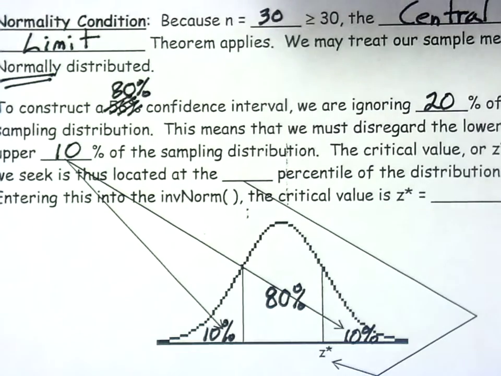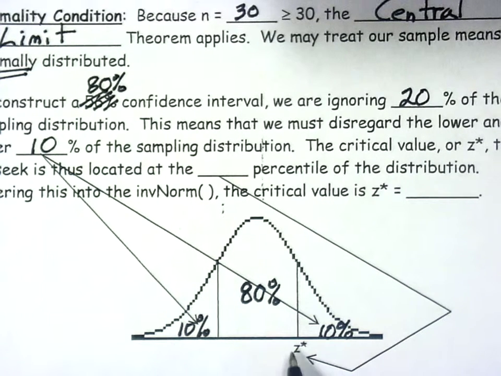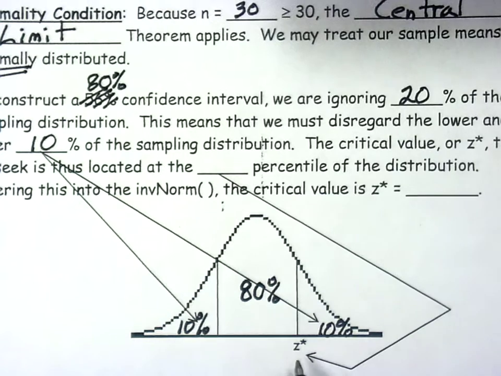So the critical value that we seek represents how many standard deviations above and below the sample mean I'm going to use in order to build the boundaries for our confidence interval. Let me repeat that. Z star is the critical value.